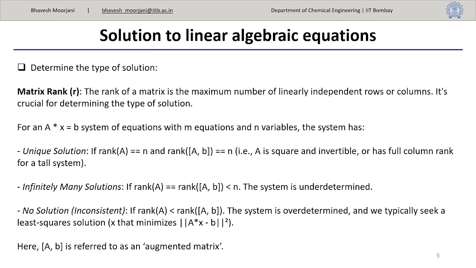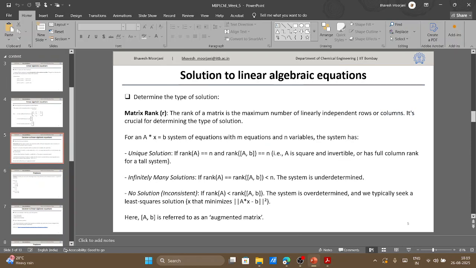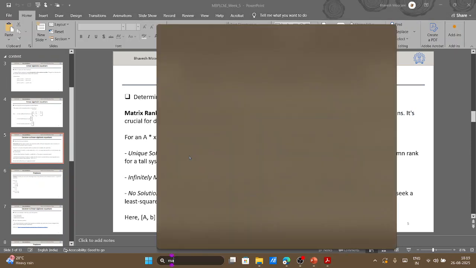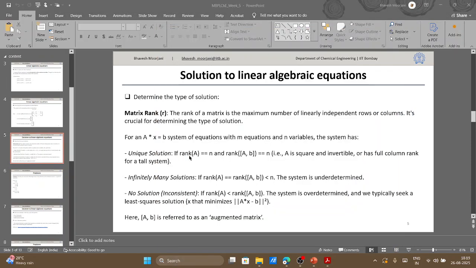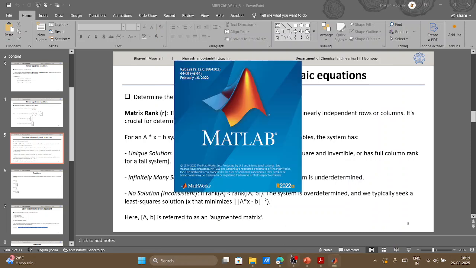Once you have been given the system of equations, you have to first understand whether you can solve the system or not by finding the rank of this matrix. To find the rank of a matrix, you have an inbuilt command ready in Matlab, which is rank. We have previously seen this in the introduction classes on how to find the rank of a matrix.